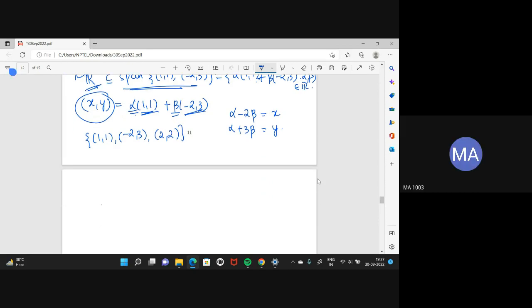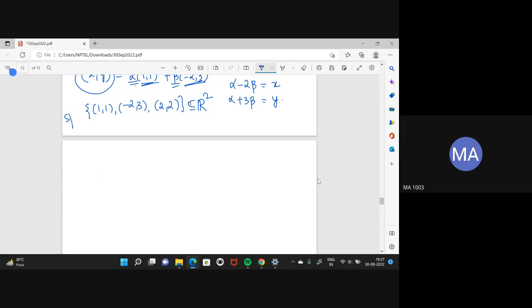Okay. Yes, now madam, we have 3 vectors. Is this going to generate the space? No. It cannot generate the space because these are all vectors in a plane, right? Okay, madam. So now the question is, what is the span of this, right? Right. So I know the span of this is a subset of R2. Agree? Agree, madam. So now let's check the other way around.